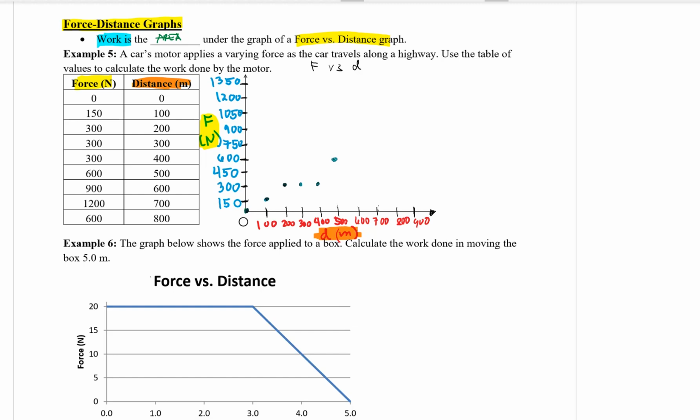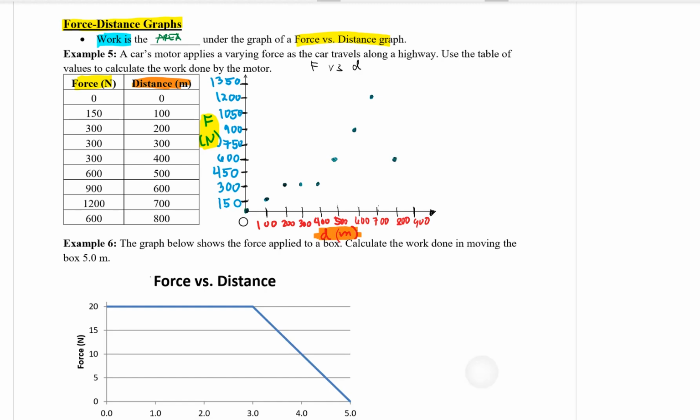And then at 600 meters you have 900 newtons. And at 700 meters you have 1200 newtons. And then at 800 meters you have 600 newtons.